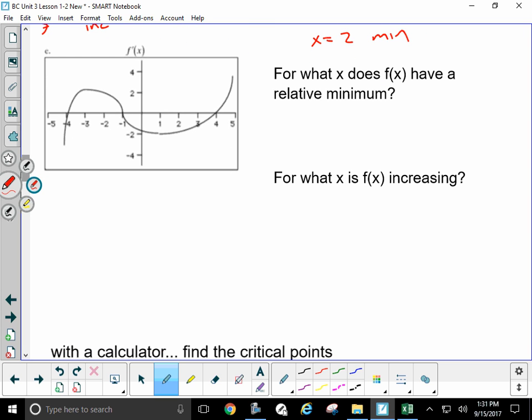Really quickly, do this one. For what x does f of x have a relative min? For what x is f of x increasing?